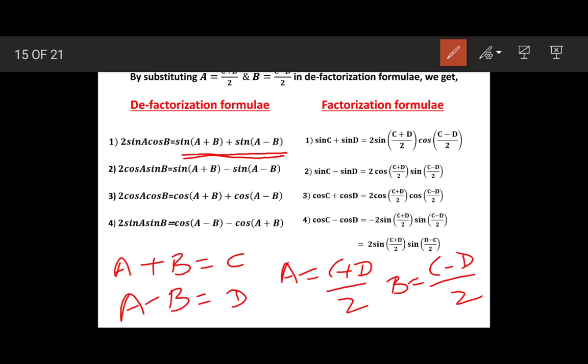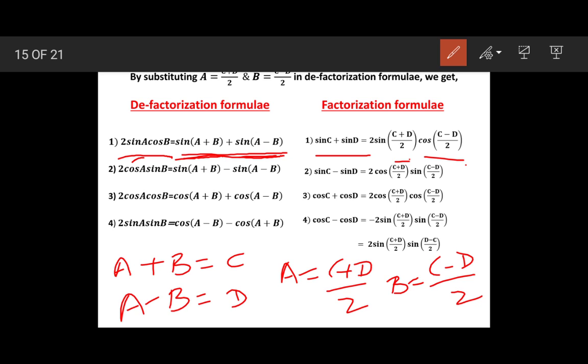Okay, so the first factorization formula will be sin c plus sin d, that is equal to 2 sin (c plus d) upon 2 into cos (c minus d) upon 2.